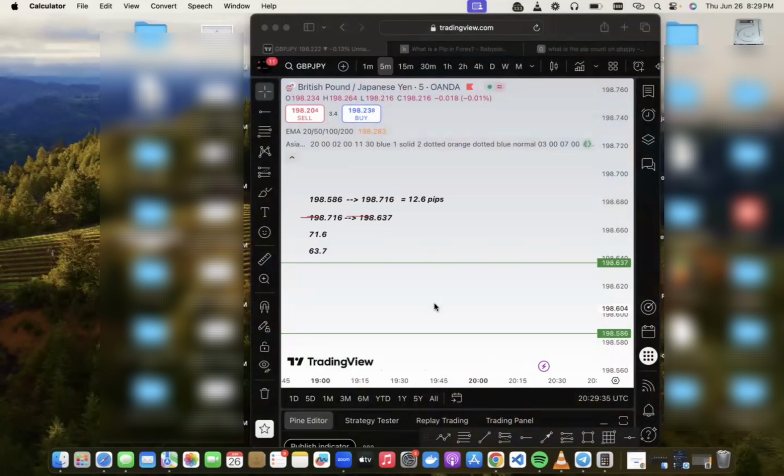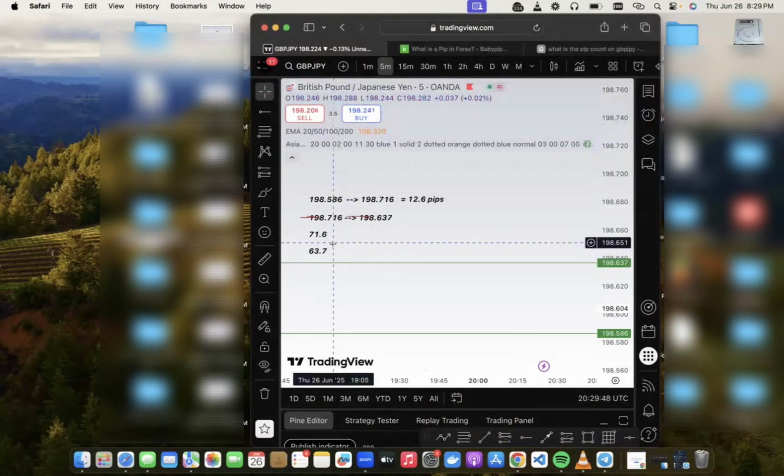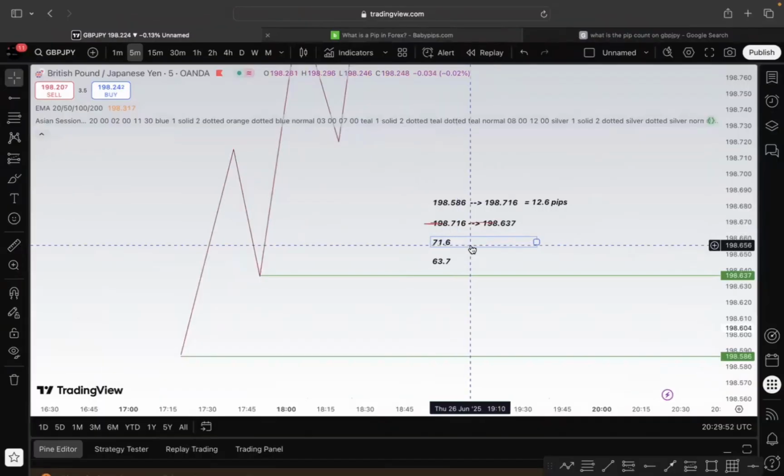Calculator. Yeah, so 71.6 minus 63.7, that's 7.9. So that's a 7.9 pip move. Okay.